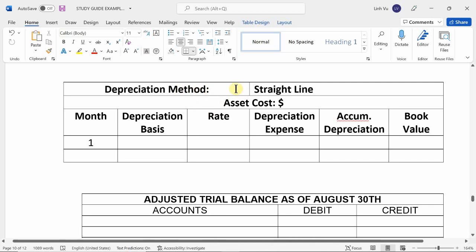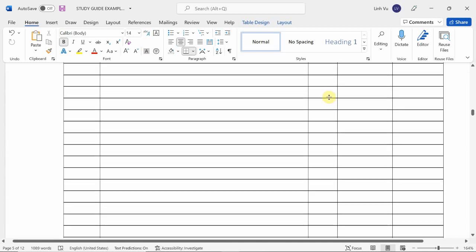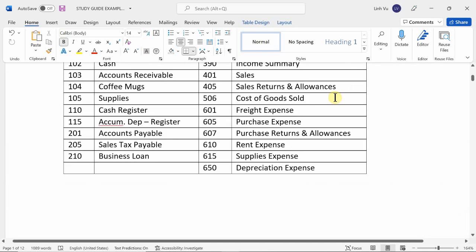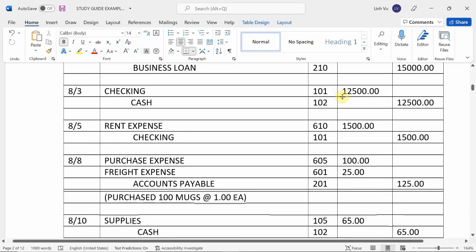Depreciation method: straight line. Asset cost: how much did this item cost me? Sorry for that, guys.